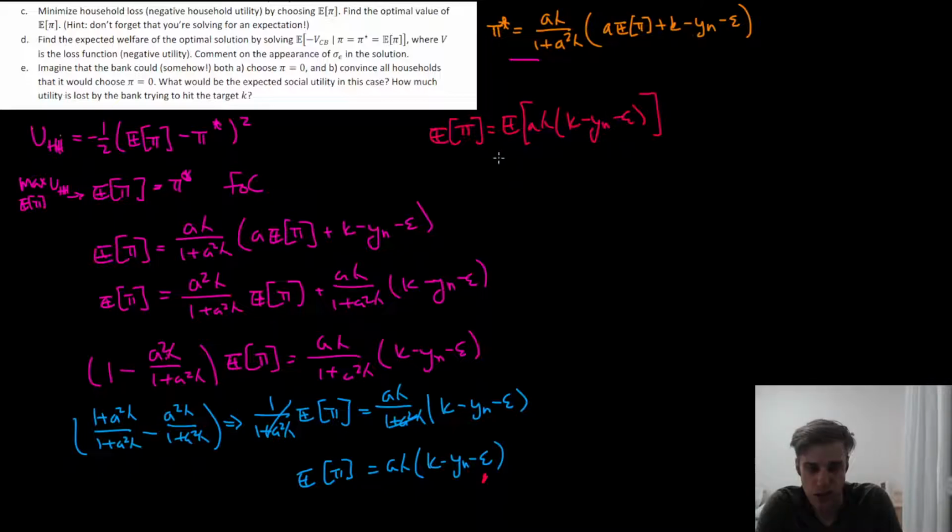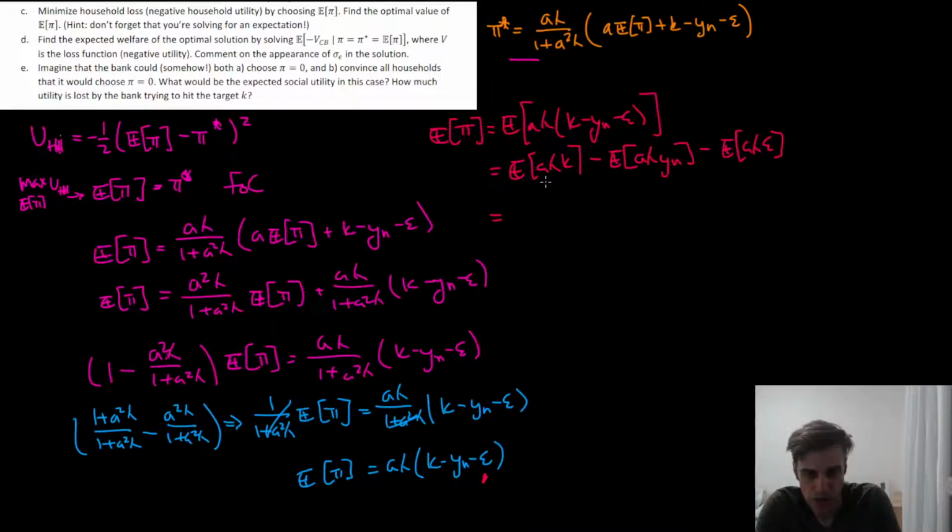And expectations are linear, so we can just distribute it over everything. So we get the expectation of A lambda K minus the expectation of A lambda YN minus the expectation of A lambda epsilon.